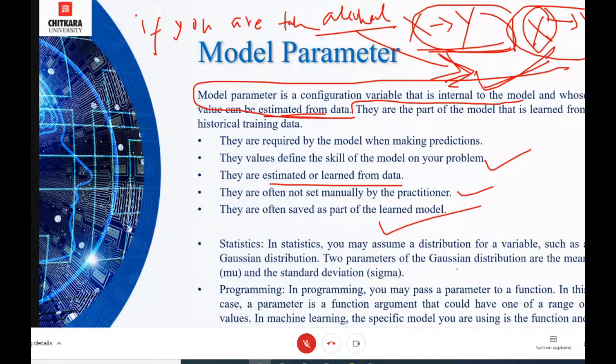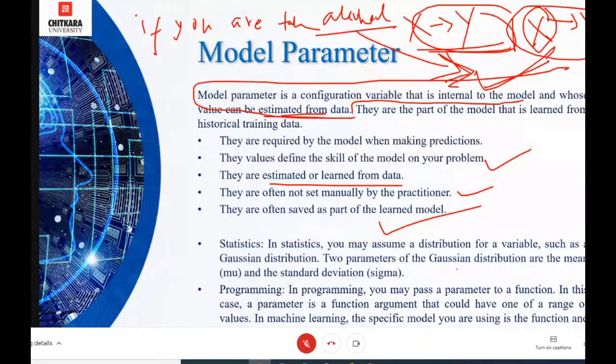Okay. Then programming. In programming, you may pass a parameter to a function. In this case, a parameter is a function argument that could have one of a range of values, like a parameter that accepts values from 1 to 10. So in machine learning, the function requires parameters in order to make a prediction on new data.